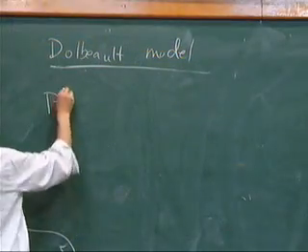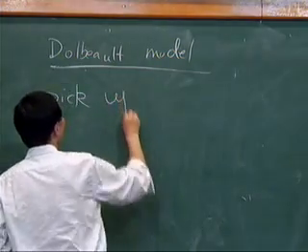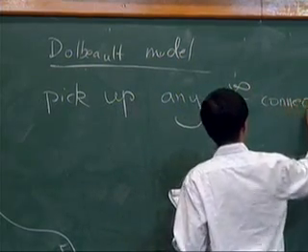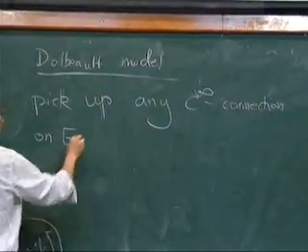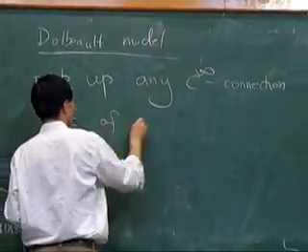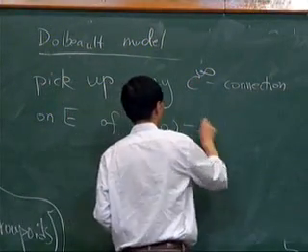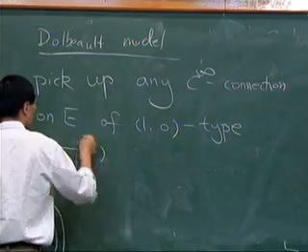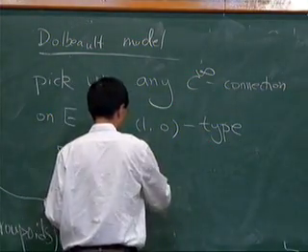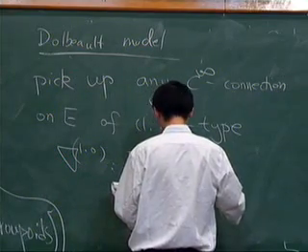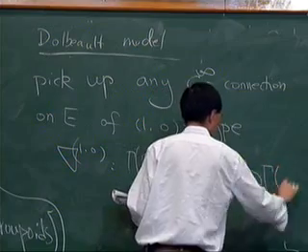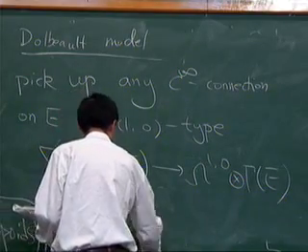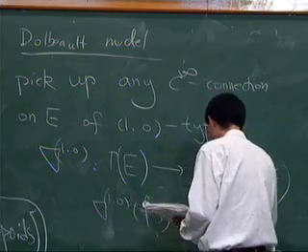Pick up any smooth connection on E of 1,0 type, namely this covariant derivative having the usual connection property.